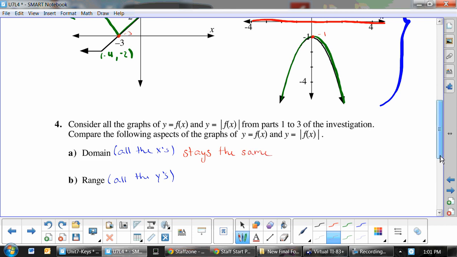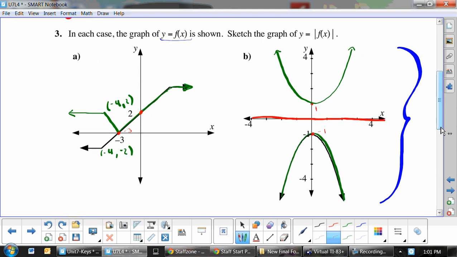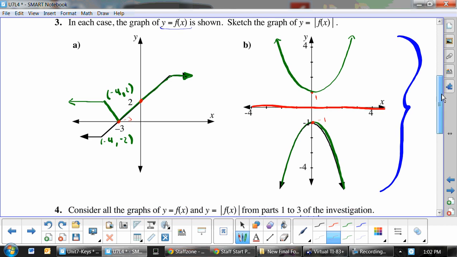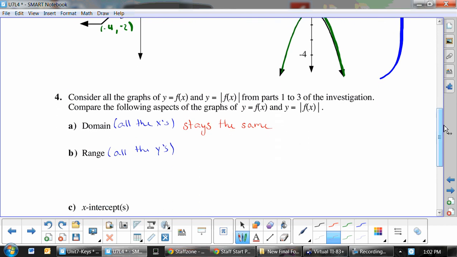Okay. So what about the range, our y values? There's a different R word. You got it, reflection. Okay, so this is good notes for you, Sam.